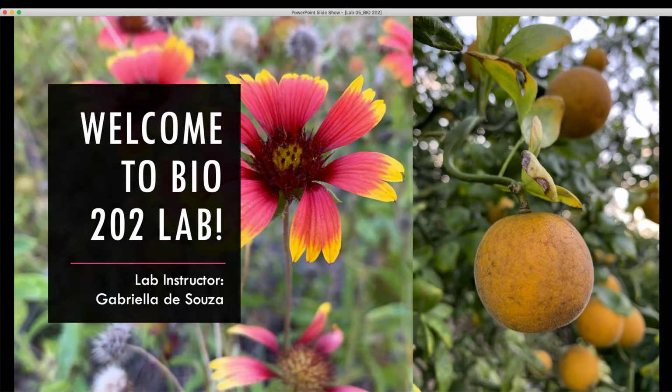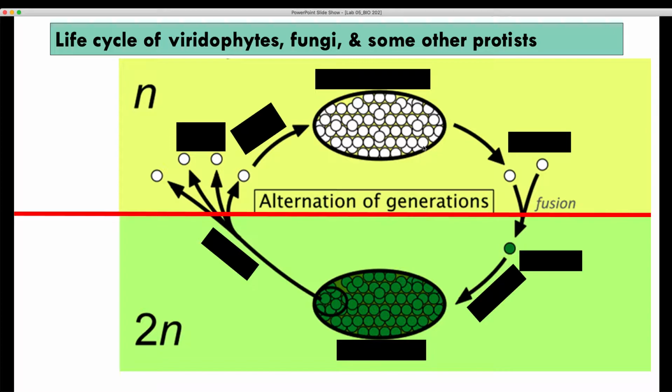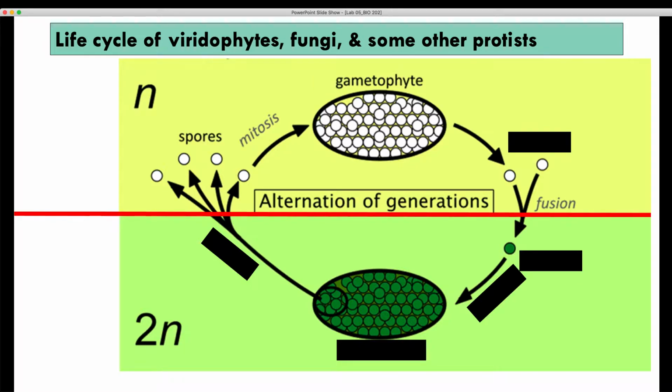So to the lab material for lab number 5, I wanted to start by reviewing a little bit with you all. Make sure you know the alternation of generations. I always like to start with spores. The process through which the spores grow larger is mitosis. They're going to grow into a gametophyte. That gametophyte produces gametes, which are haploid cells, for example, egg and sperm.